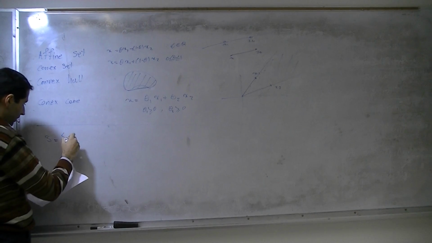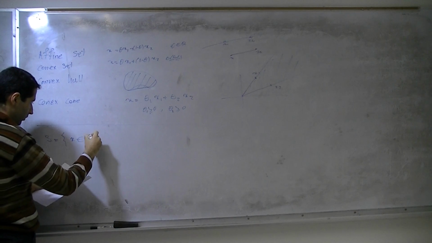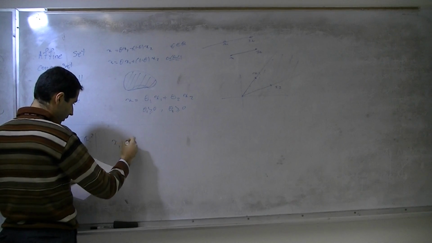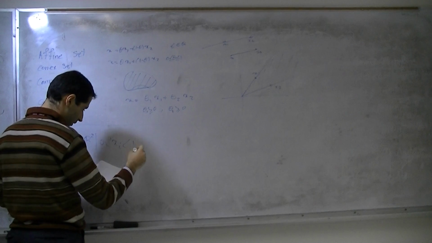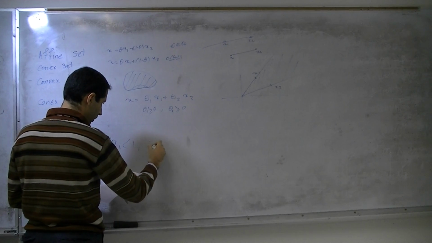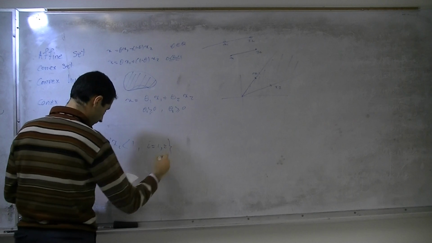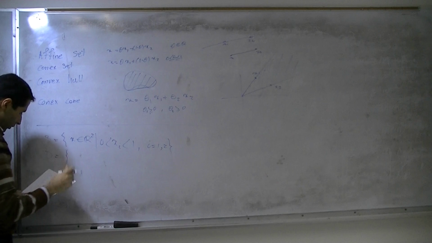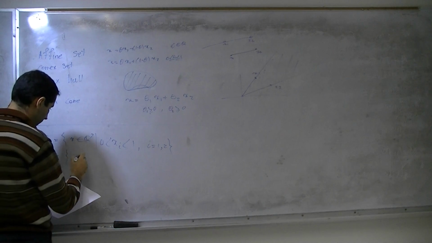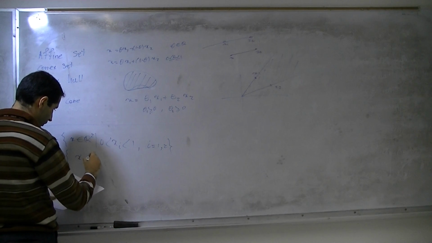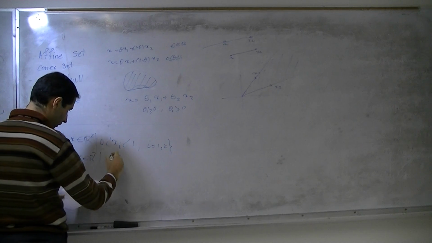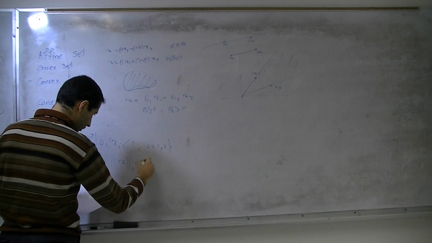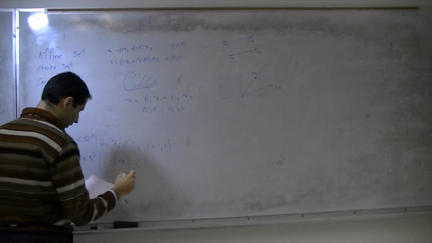S is the set of x belonging to R2, where xi is between 0 and 1, for i equal to 1 and 2. And we have a disk D, which is equal to x belonging to R2, given the norm 2 of x is less than or equal to 1.